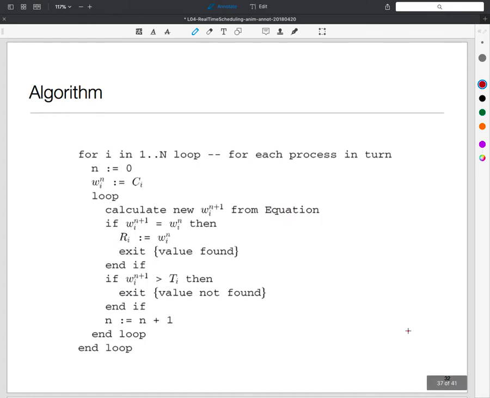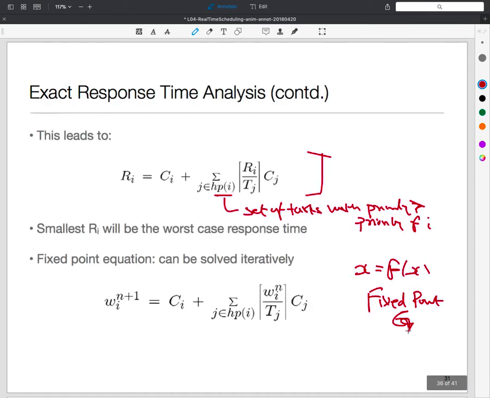So that's the basic idea. It will either converge or become greater than the deadline. In either case, I can stop.